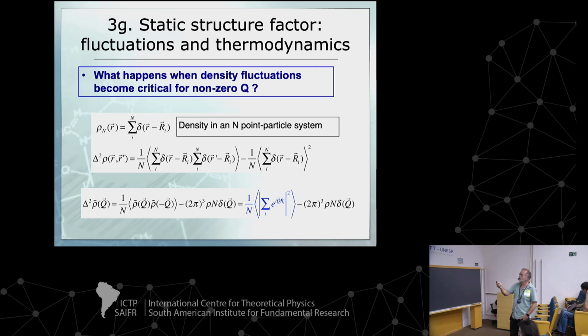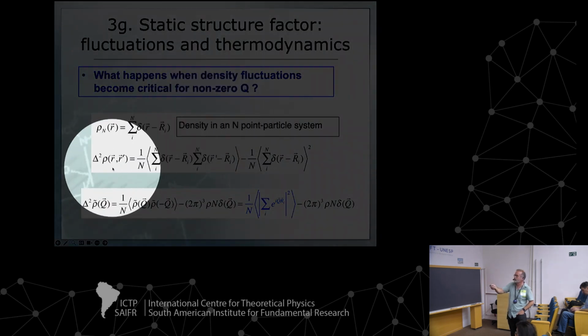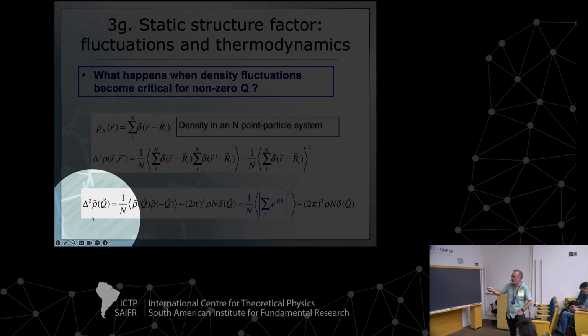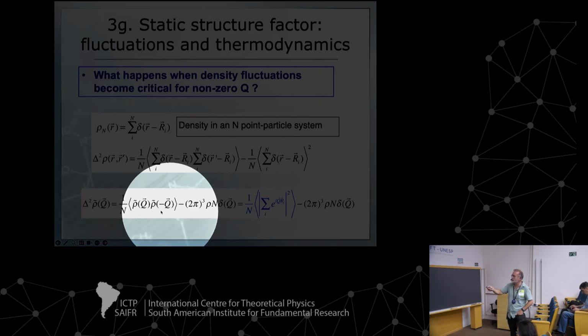If you have fluctuations for non-zero Q, we will see it later. But here we have the same thing, but retaining the value of Q. That's the fluctuation in density.